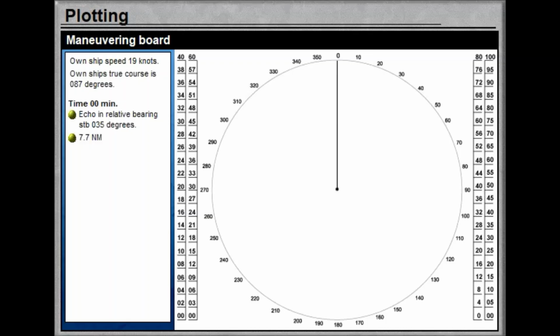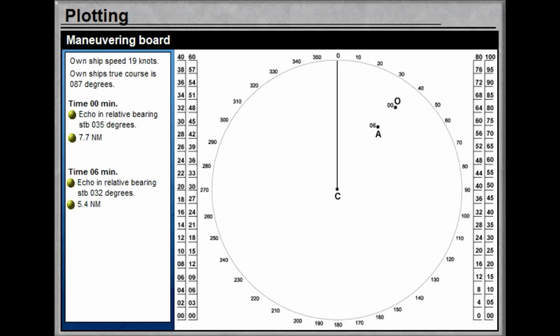Echo in relative bearing, starboard, 035 degrees, 7.7 nautical miles. Time, 06 minutes. Echo in relative bearing, starboard, 032 degrees, 5.4 nautical miles.